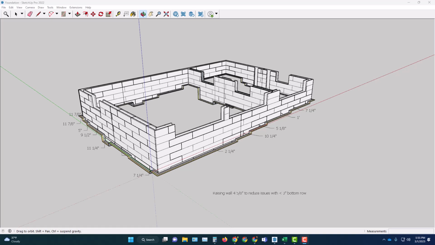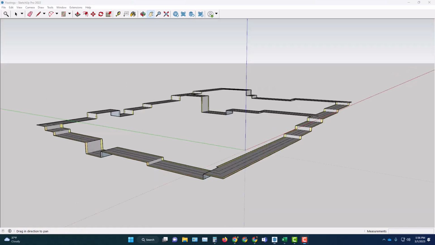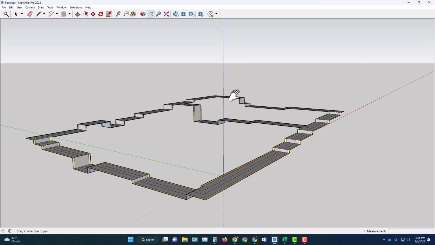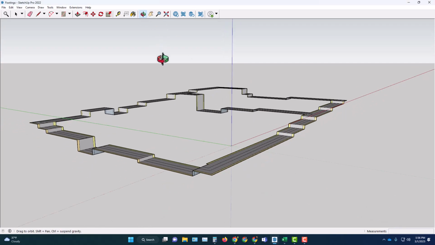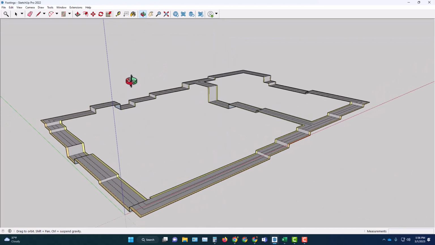Even if I wasn't working on bedrock, if all of these different footings were all even on the bottom, I would have a lot more boxes to calculate. Here is that same drawing with just the surface of the footing showing.